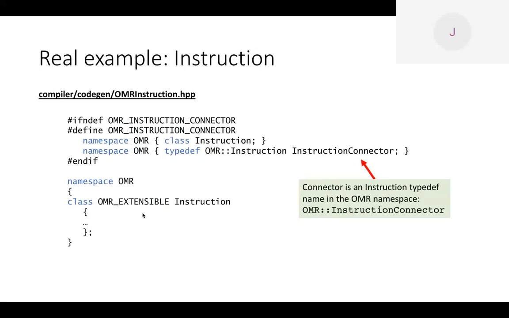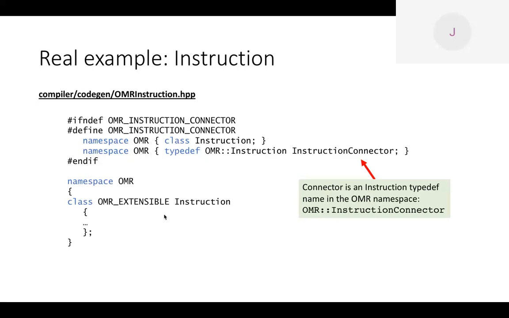The first part of a lot of these extension classes is to define the connector. Basically, if the connector hasn't been defined before, if we haven't seen one before, we need to create a typedef to the connector. For the instruction class in the OMR project, it's saying there's only going to be one instruction connector name.